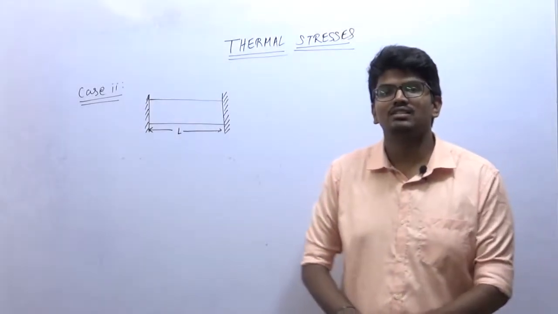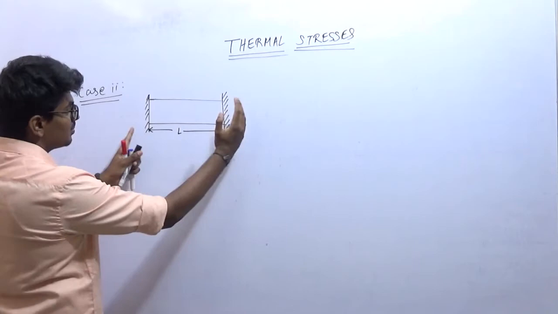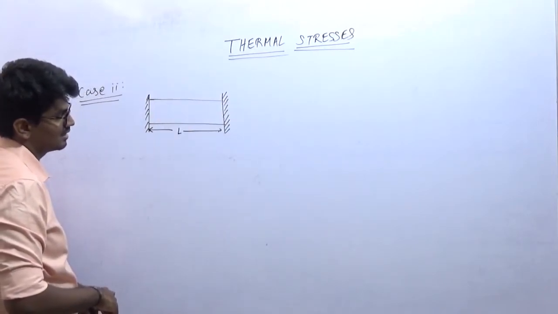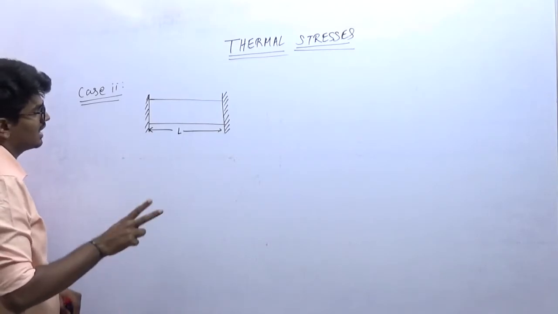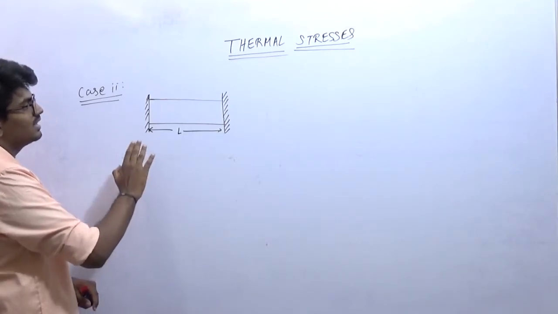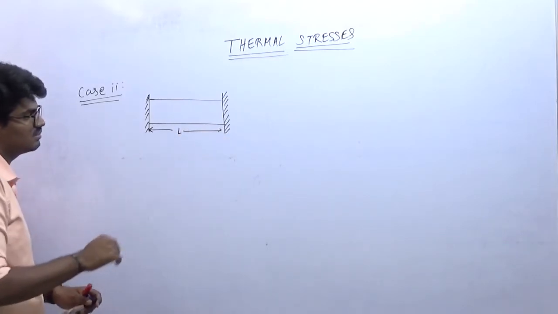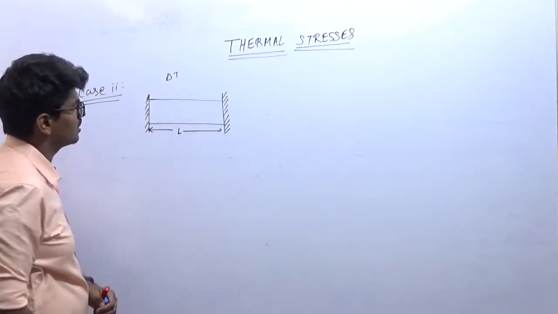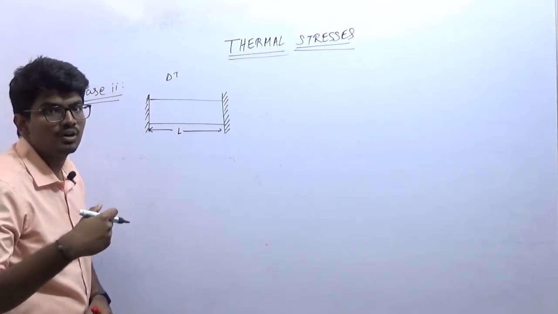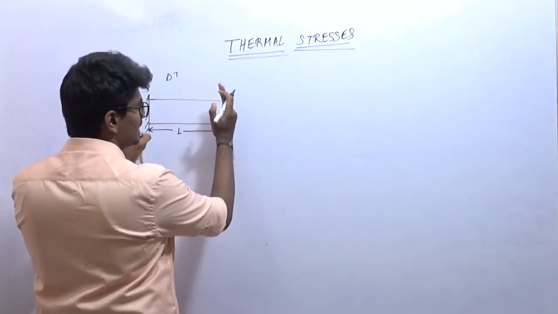Next, the second case: there is a rod which is completely constrained in the axial direction, so both sides have fixed support. If I increase the temperature by delta T, there is no possibility for strain because it is completely constrained.